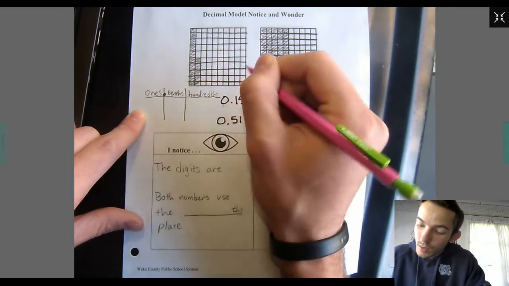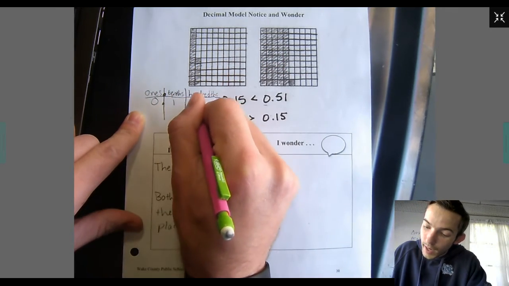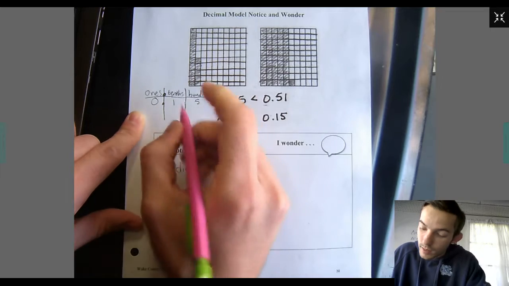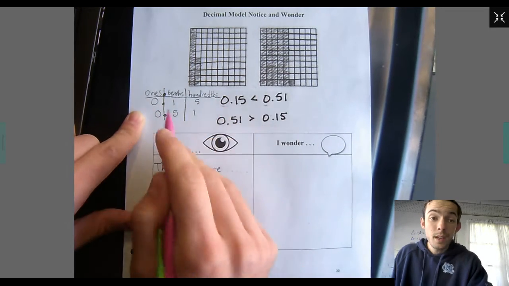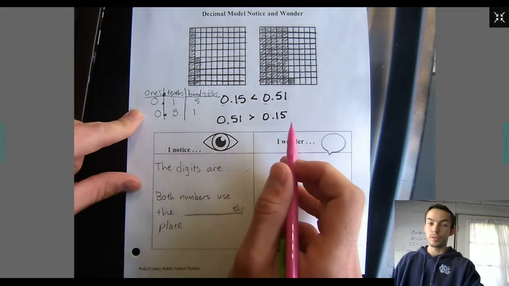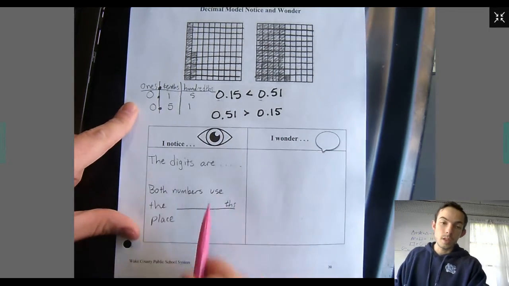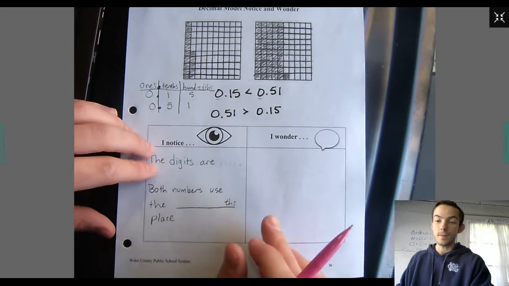Hundredths. So here's what you could do. 0.15, 15 hundredths, 0.51. We see when lining it up in this place value chart, which is greater, to prove these are both correct. So these are ways that kids can kind of start talking about what they see.